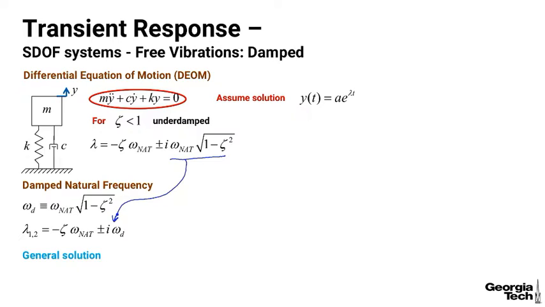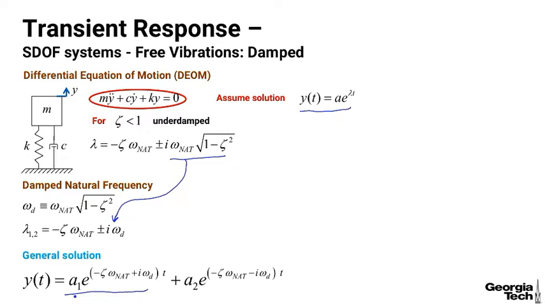And so my general solution now becomes, I have two roots, two lambdas, and my solution was A e to the lambda t. I've got two roots, so here's the first one times some undetermined coefficient A1, using the plus here, and then A2, a second undetermined coefficient, times e to the minus zeta omega natural minus i omega d t.